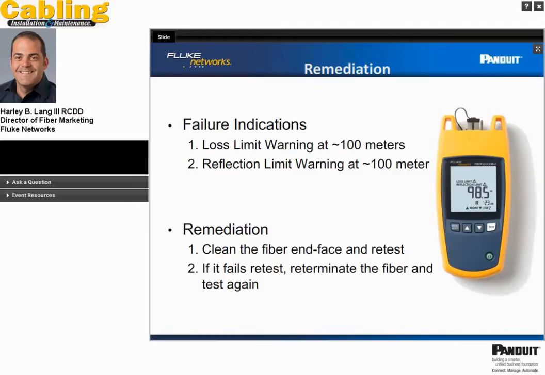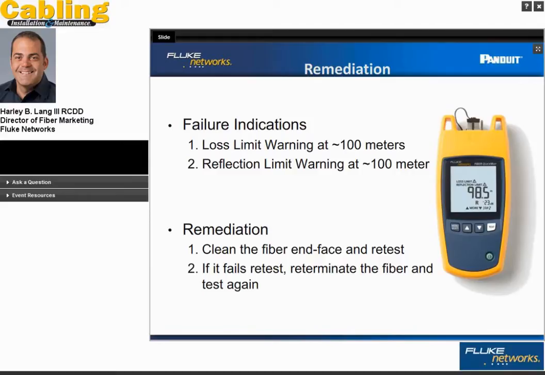In many cases, the remediation should be to clean the end faces. So I want to reiterate, and I think Robert would back me up on this, that before a connector is cut off or removed and re-terminated, in the case of a reterminable connector, it's important to first go through a cleaning cycle because it should be a lot easier to clean the end face than to remove the connector and re-terminate it.